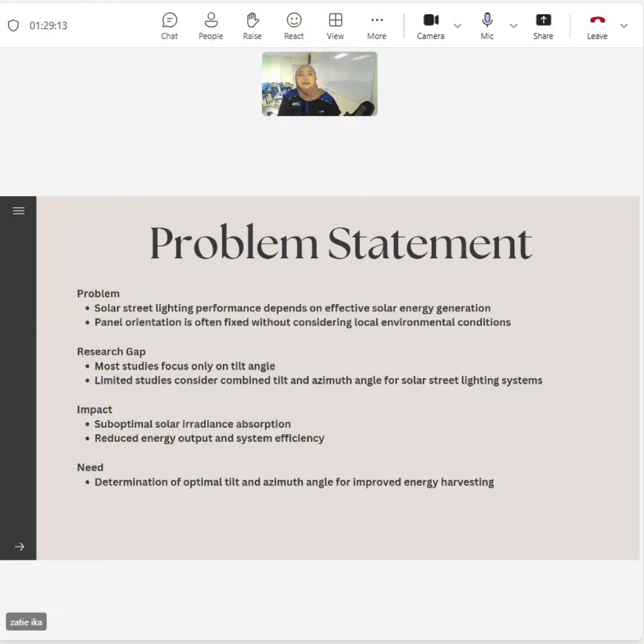This can lead to lower energy output and reduce system efficiency. Therefore, this project aims to determine the optimal tilt and azimuth angle for better energy harvesting.